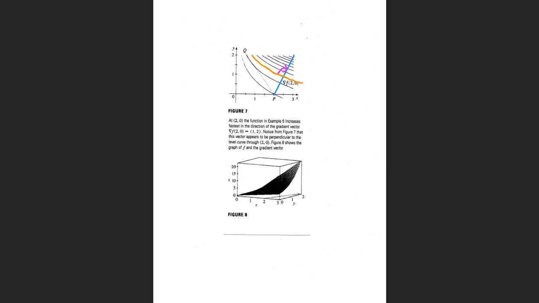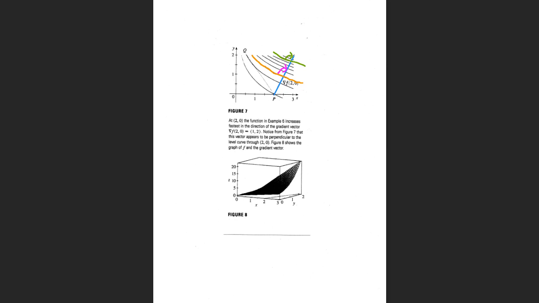That angle seems to be 90 degrees. And that seems to be the case, by the way, if I have another level curve here and I look at the angle between the gradient vector and the level curve, that also seems to be 90 degrees. And that's no accident. We're going to prove that tonight.